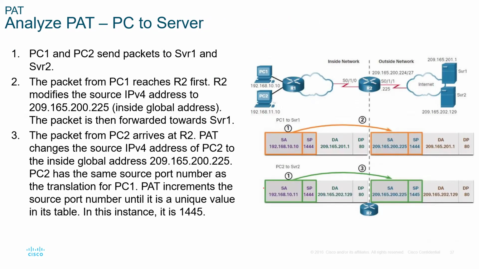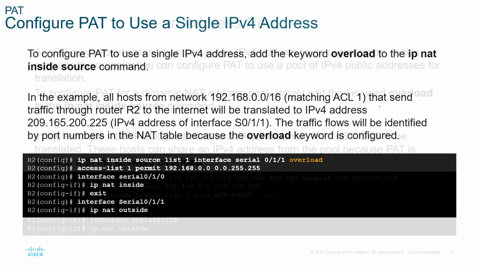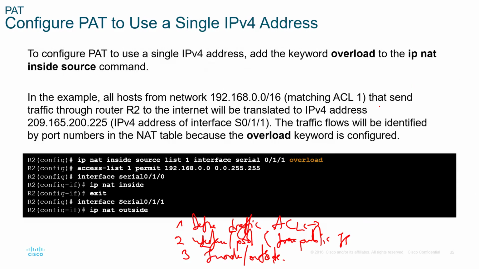So with the first type of configuration, it is going to use this IP address. This is the address which will be used for translating every private IP address here. So the command goes: access-list 1 permit.